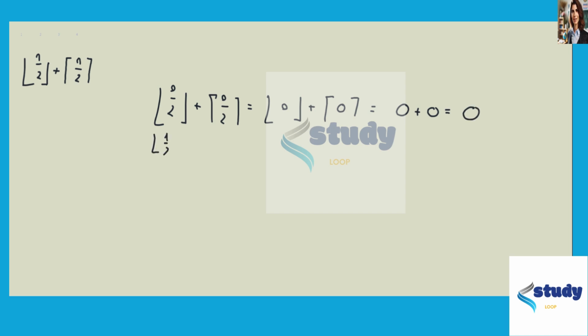Then 1 half floored plus 1 half ceiled, that's the floor of 0.5 plus the ceiling of 0.5, and that's 0 plus 1, that's 1.